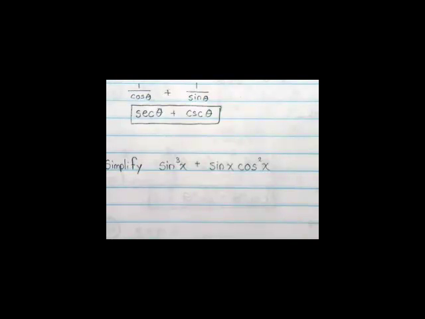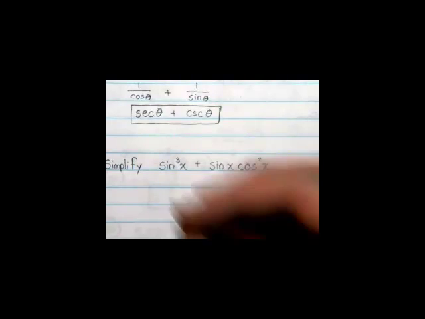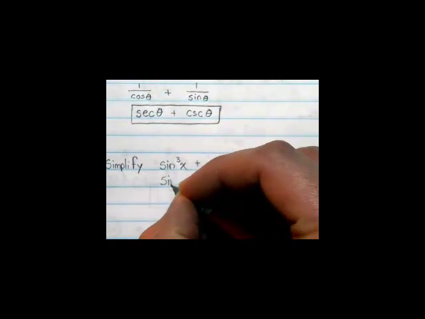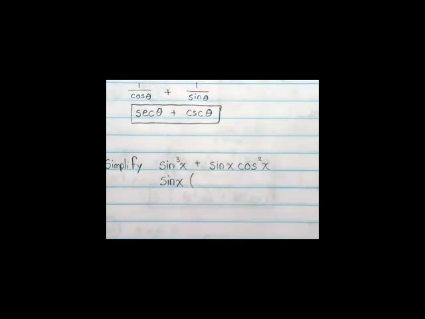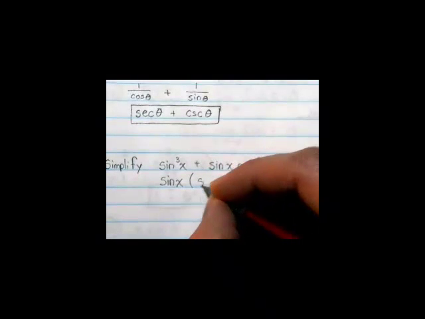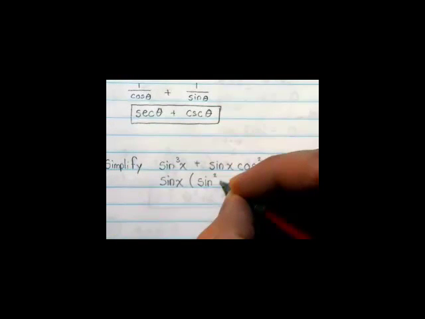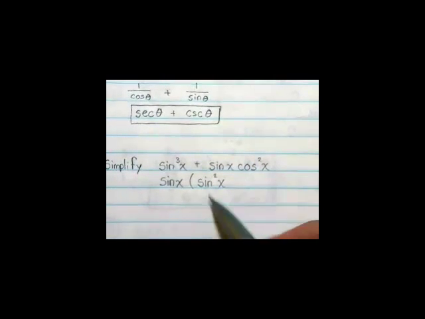What do you guys notice? What could we factor out? Sine x, right? So if we do that, then what's going to be left behind? So we get a sine squared x when we take out a sine out of this first term.